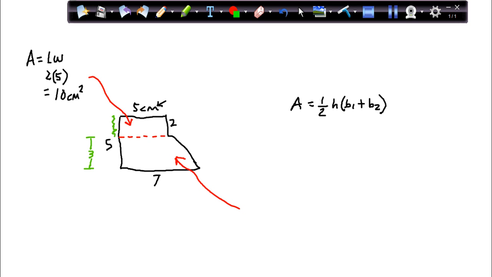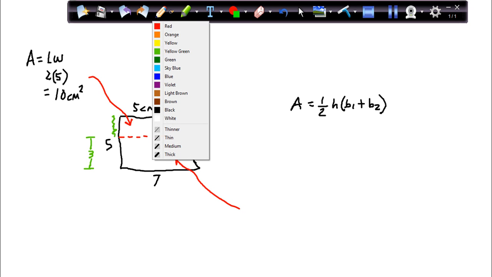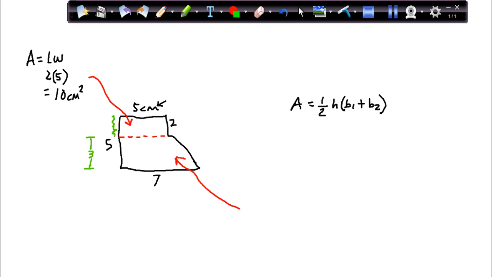So we can start writing the values in. Bring down half, height of 3. We see where they get it from. What's my base? Well, see the top piece of this trapezoid right here? The dotted line? That would be a base, right?